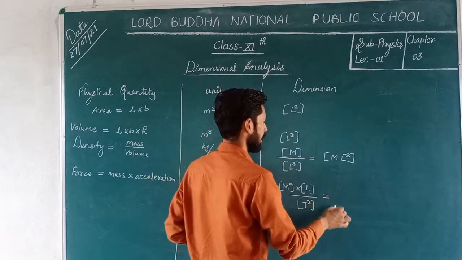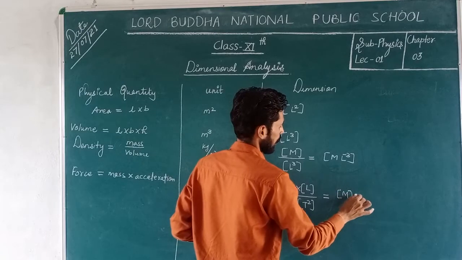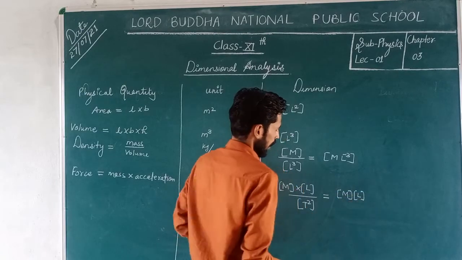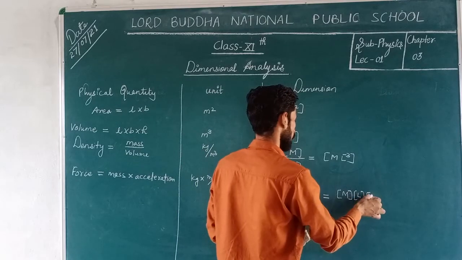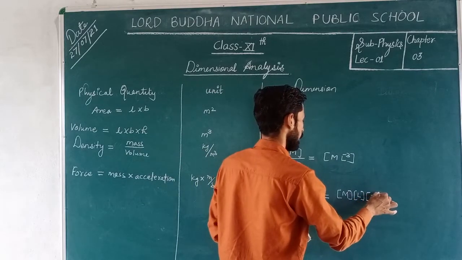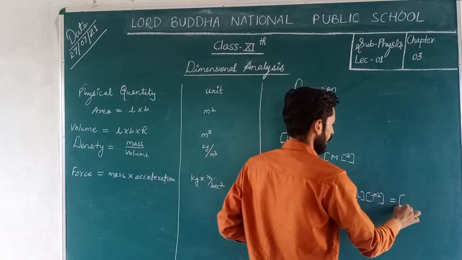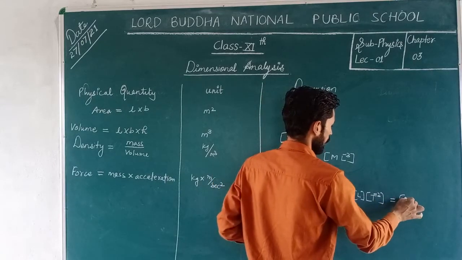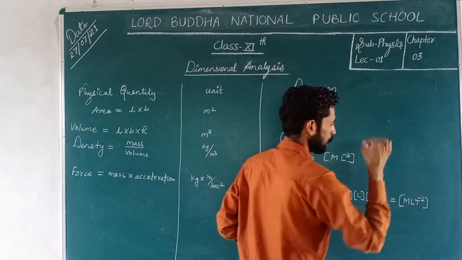So we can write it as M, L, and this term can be taken in numerator, and that will be T to the power -2, then that will be in the simplest form M, L, T to the power -2.